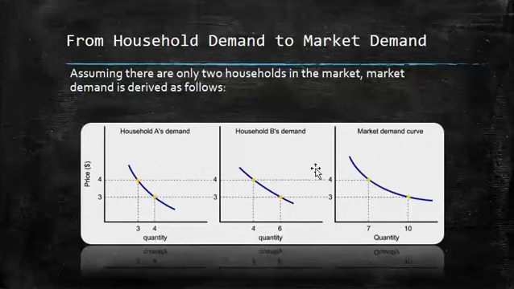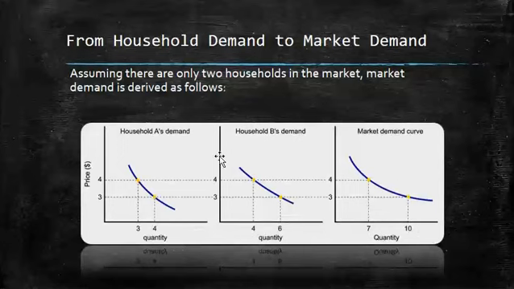The demand curve for both A and B is 7 at the price of $4. Okay? The demand curve for A and B at the price of $3 is 10. Okay? 6 plus 4 equals 10.